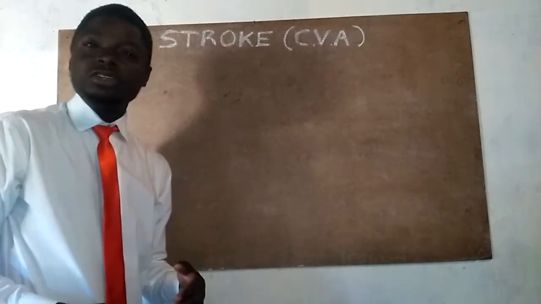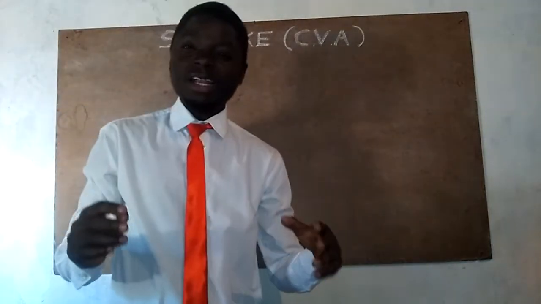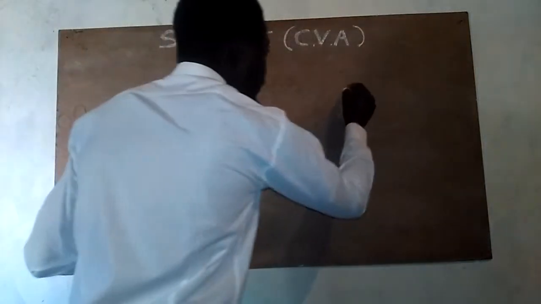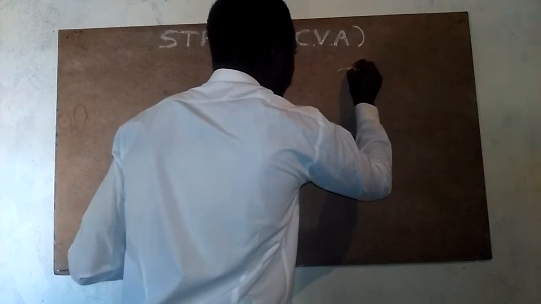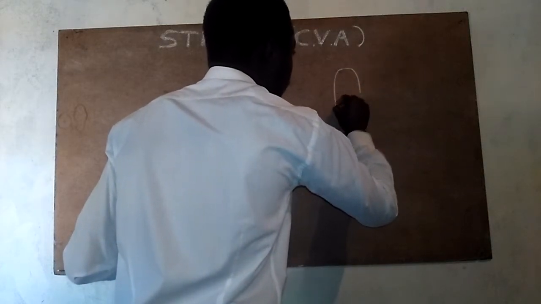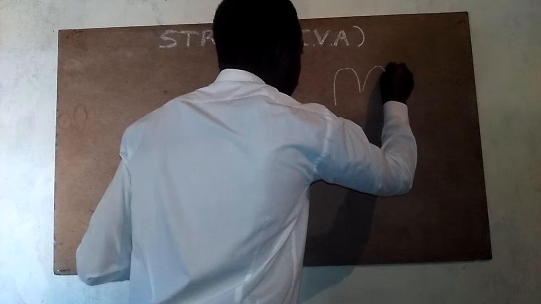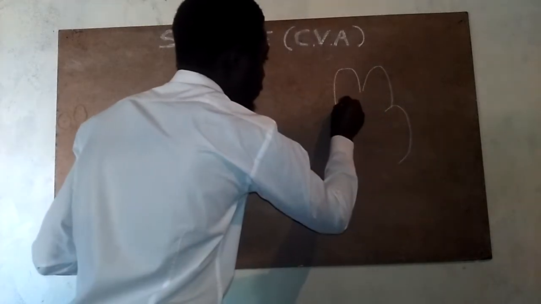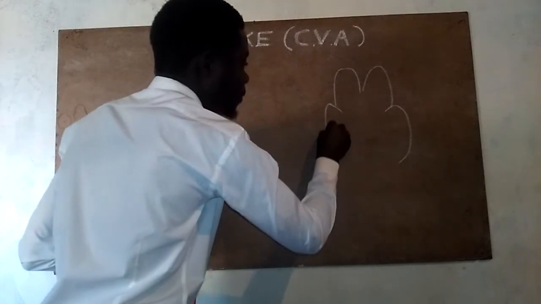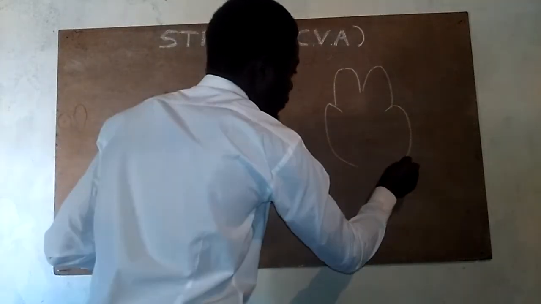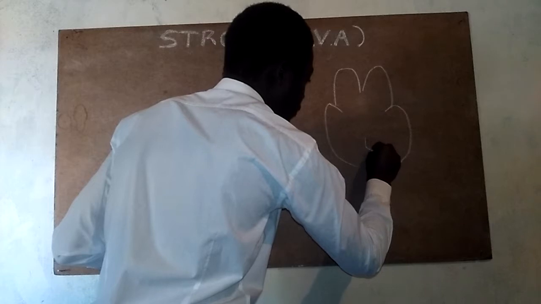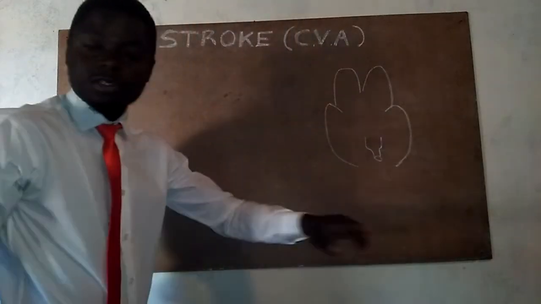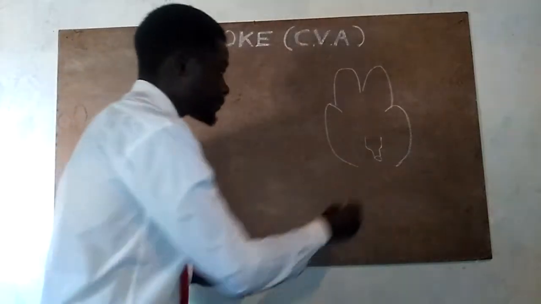So the first thing that we're going to do is draw the brain from underneath, looking at it from underneath, of course not the side. Of course, this is the brain stem.